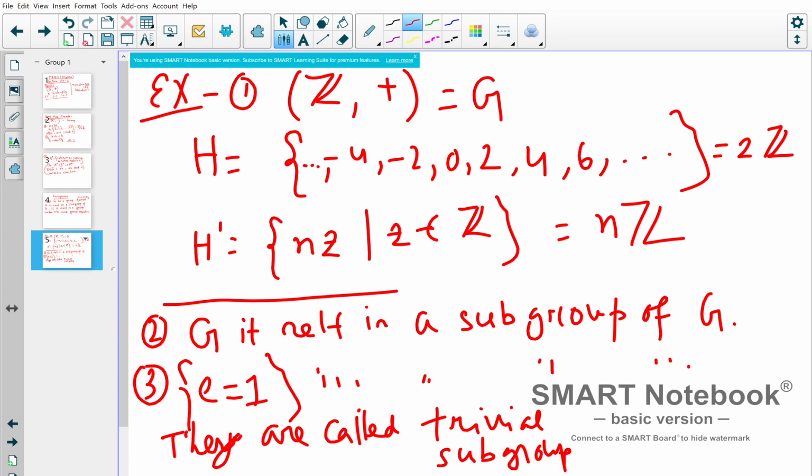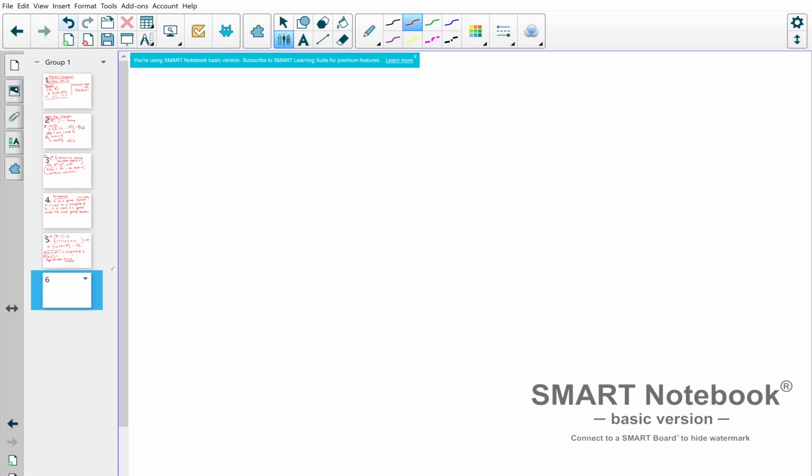So subgroups are nothing but substructures, in which you find a replica of the group itself. That means whatever properties are true for the group, those original properties are also true for the subgroup.